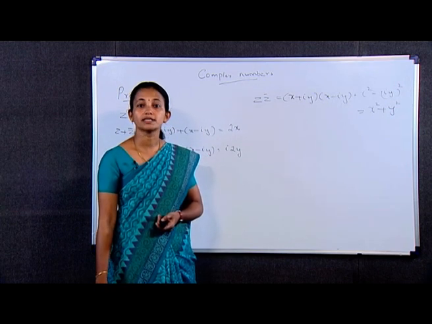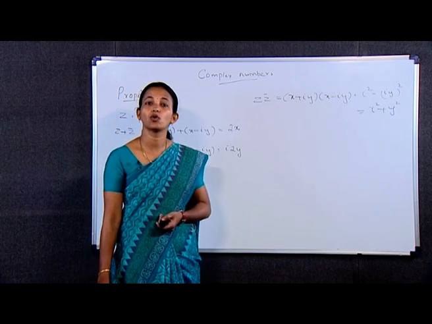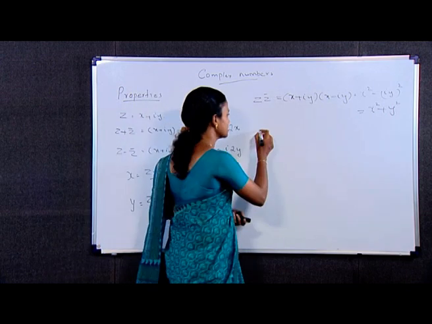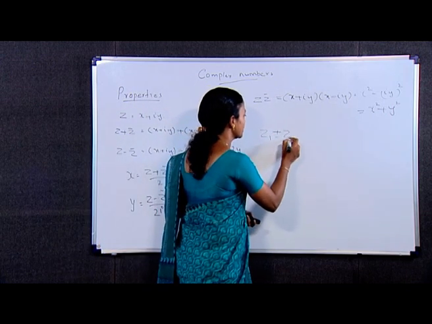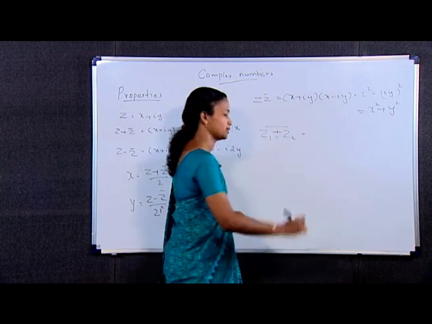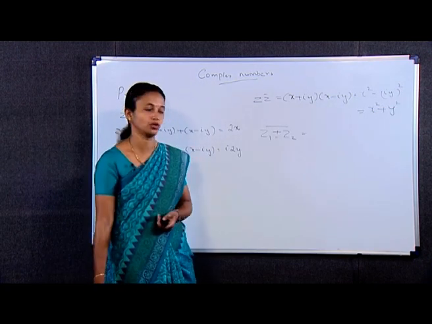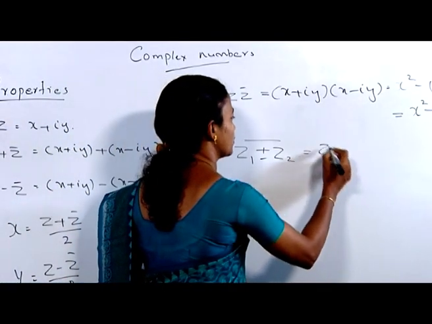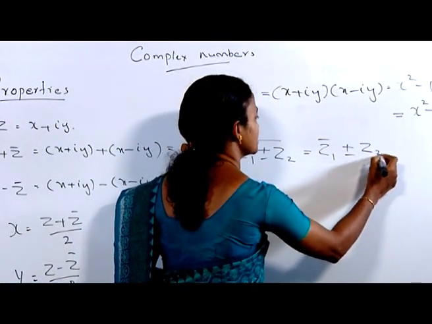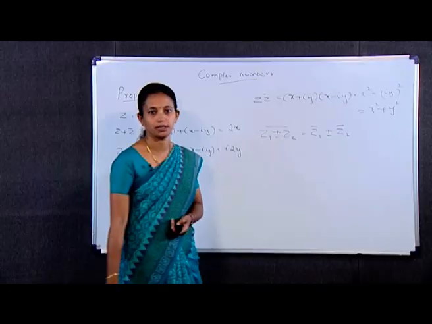Next we have (z1 plus or minus z2) whole conjugate, which is z1 conjugate plus or minus z2 conjugate.